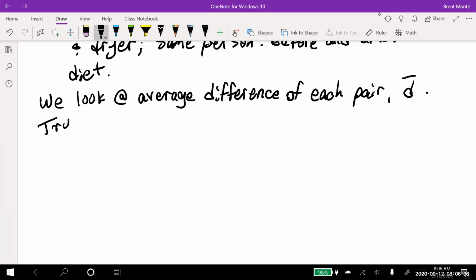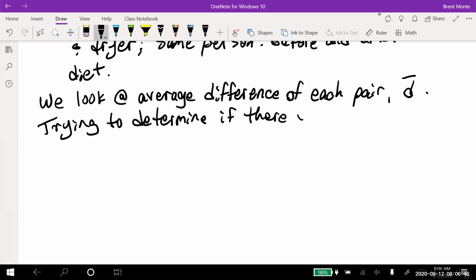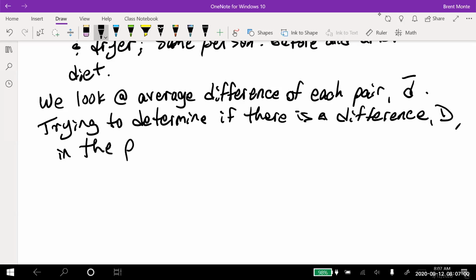And we're trying to determine if there is a difference, and that D, which we're going to call capital D, is in the paired population means.